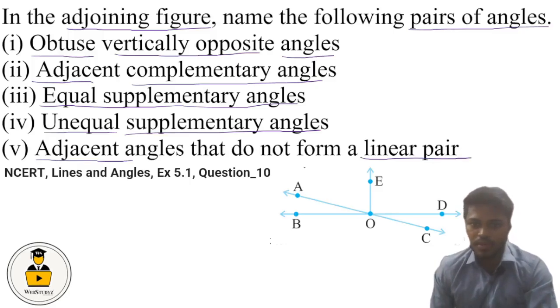So from the diagram we can see that angle AOD and angle BOC are the obtuse vertically opposite angles.